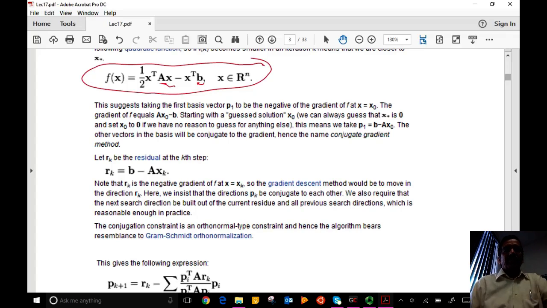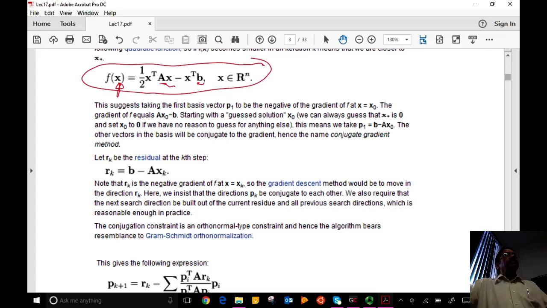When you take the derivative of this, the idea behind constructing a scalar function of a vector X like this is to claim that the minimum of this function is the solution to AX equal to B. In the last class, we saw a non-conforming matrix AX equal to B, where the number of rows and columns were not the same.